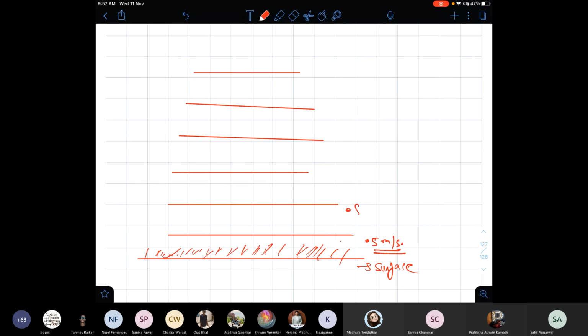It will be better. This layer is not in contact with the layer which is in direct contact with the surface. This will be even farther away from the surface. It will have more velocity. Fine.